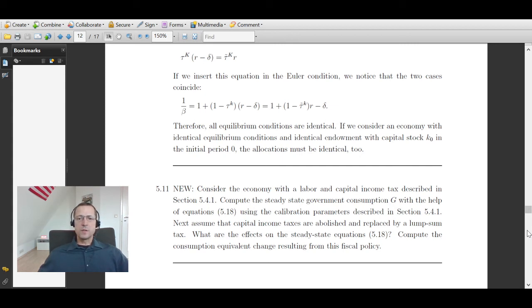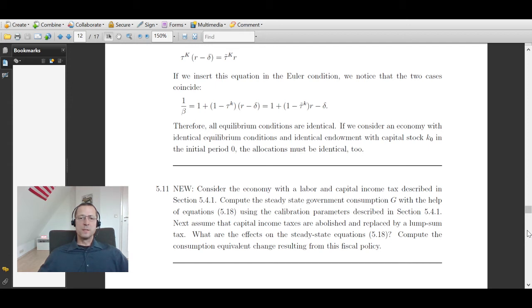So we consider the economy with the labor and capital income tax as described in section 5.41, the one we just studied. Government consumption will be held constant, so we assume that G is equal to 0.111, just like in the benchmark economy, with a labor income tax of 23% and a capital income tax rate of 41%.